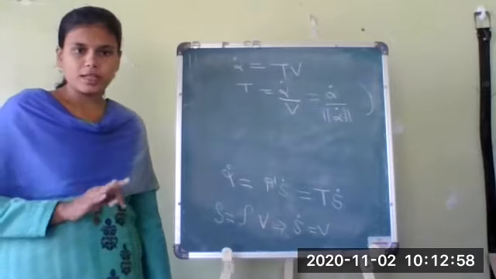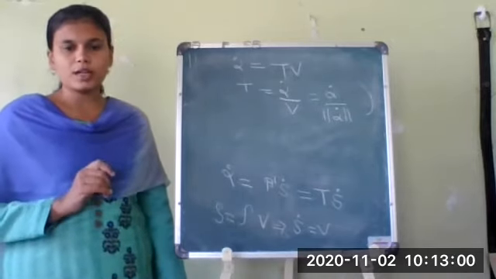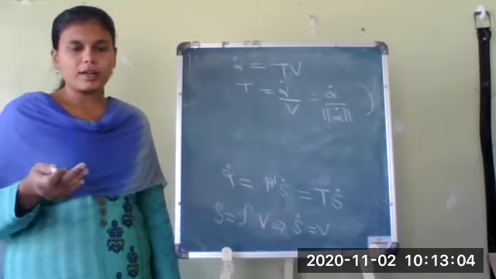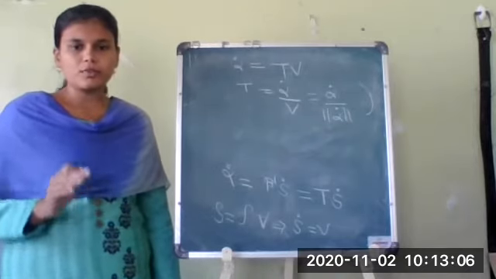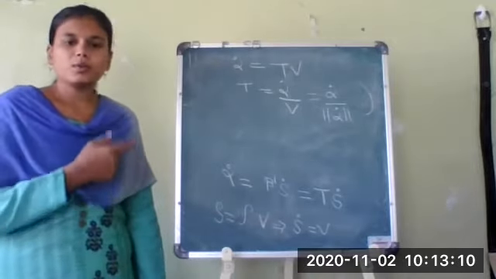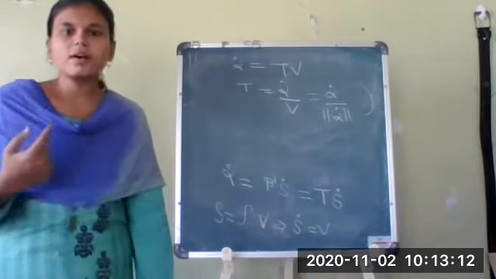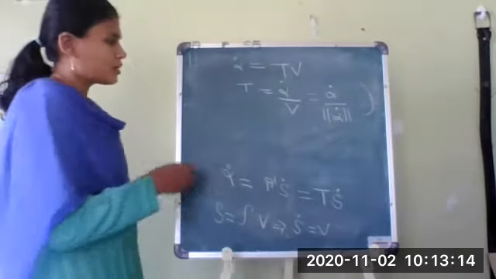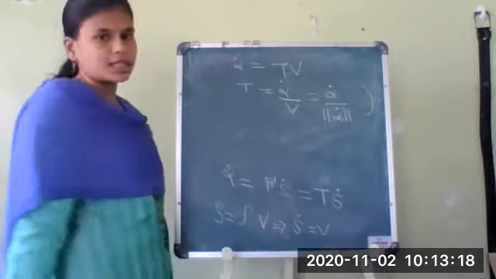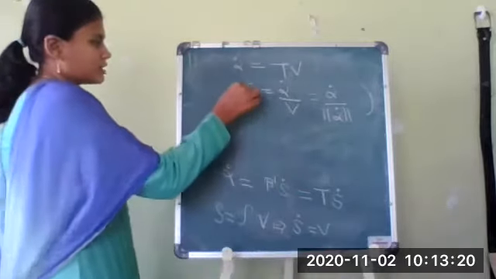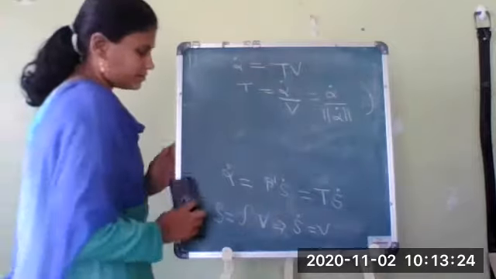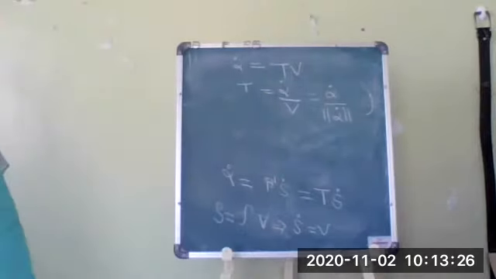Simply you have to check whether it is a regular curve. To check a regular curve, you have to find alpha dot, and norm of alpha dot should not be equal to 0 for all t belongs to your interval I. If that holds, then you can go for the arbitrary speed curve formula. So we have obtained the formula for T is alpha dot upon norm of alpha dot.